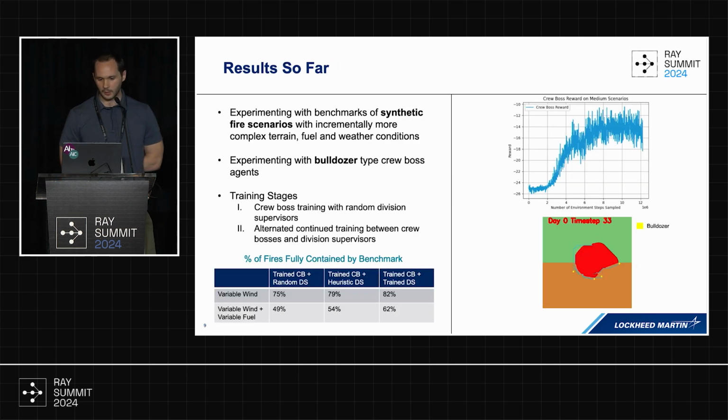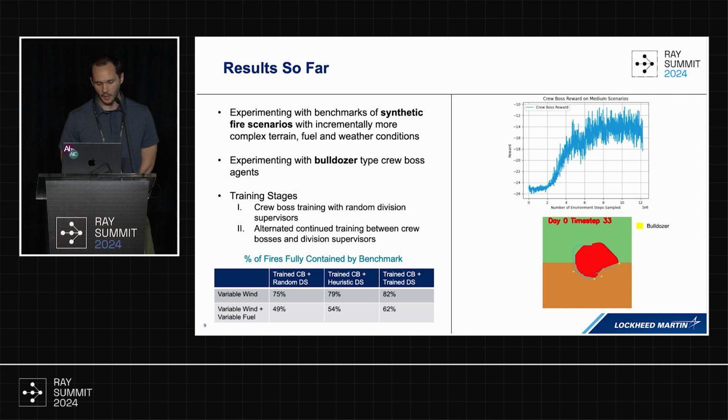And I'll just talk about some of our results here so far. Because of the immense amount of potential complexity in this environment, we decided to start by building simple but still challenging synthetic scenarios to experiment with. This has let us study the training dynamics a bit and figure out how to do RL on this environment. Specifically, we've created a couple of synthetic benchmarks.